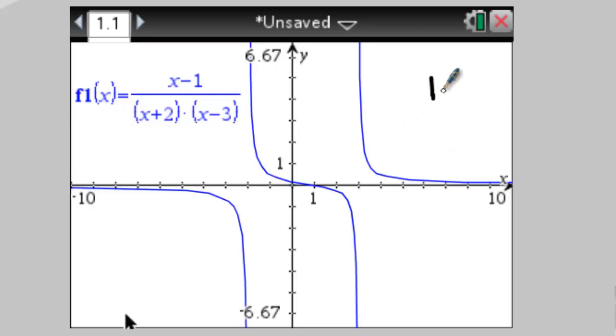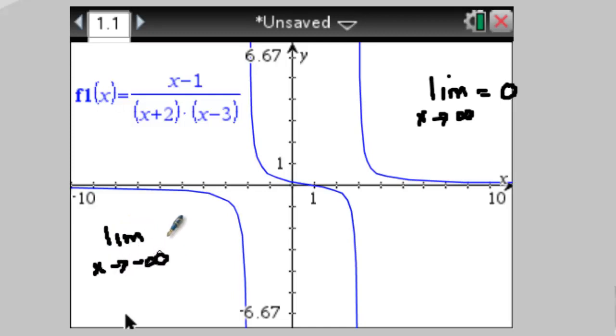So over here on this side, the limit, as the x values are doing what? They're going to positive infinity. What are the y values doing? They're getting closer and closer to 0. Over here, the limit, as the x values go towards negative infinity, what are these y values doing? Well, they're coming up, but they're also getting closer and closer to 0.